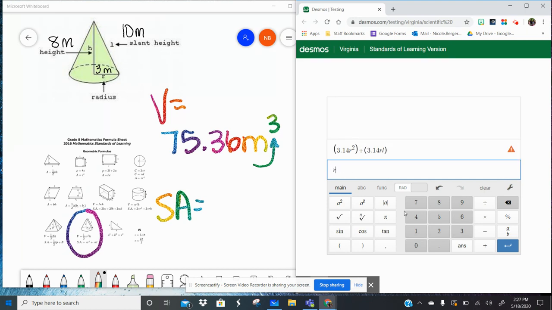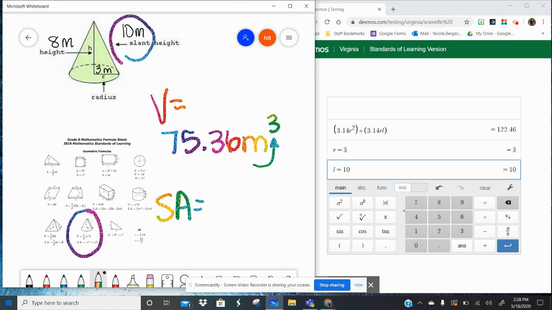So my radius is 3. My slant height is 10, because it says it right there. And then voila, 122.46 meters squared, right? So really with that formula sheet, that Desmos calculator is just super important.